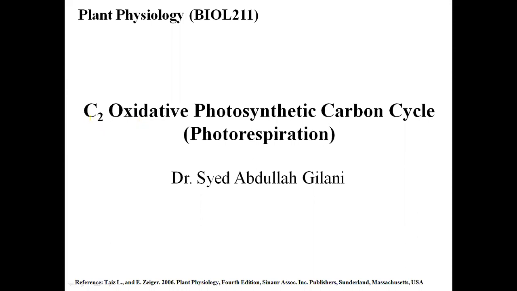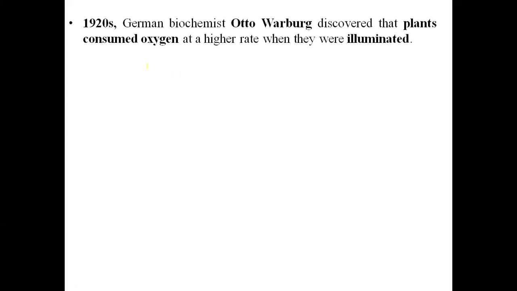I will explain the C2 oxidative photosynthetic carbon cycle. It is also known as photorespiration. In 1920, the German biochemist Otto Warburg discovered that when plants are exposed to sunlight, when they are illuminated, they consume oxygen at a higher rate.